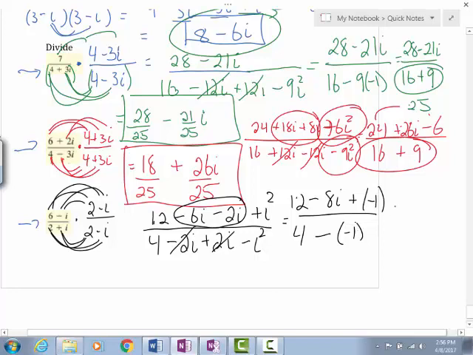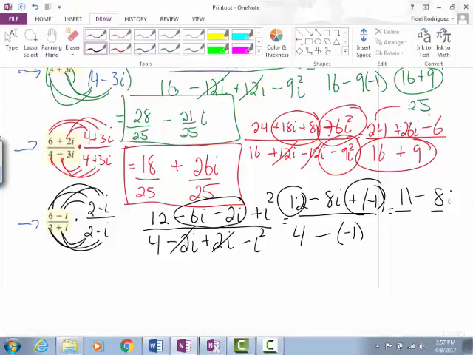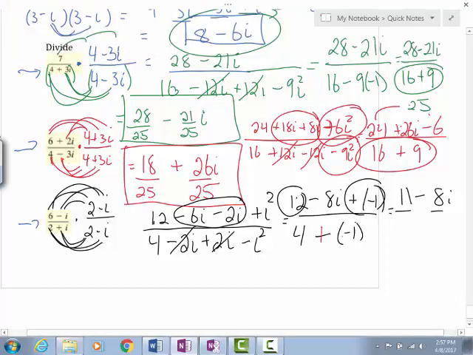Now I'm going to start simplifying some things here. 12 plus a negative 1 is 11. Now I have a minus 8i. On the bottom part, 4 minus a negative 1 becomes 4 plus 1, which gives me 5. So I'm going to separate my fraction, and there's my answer.